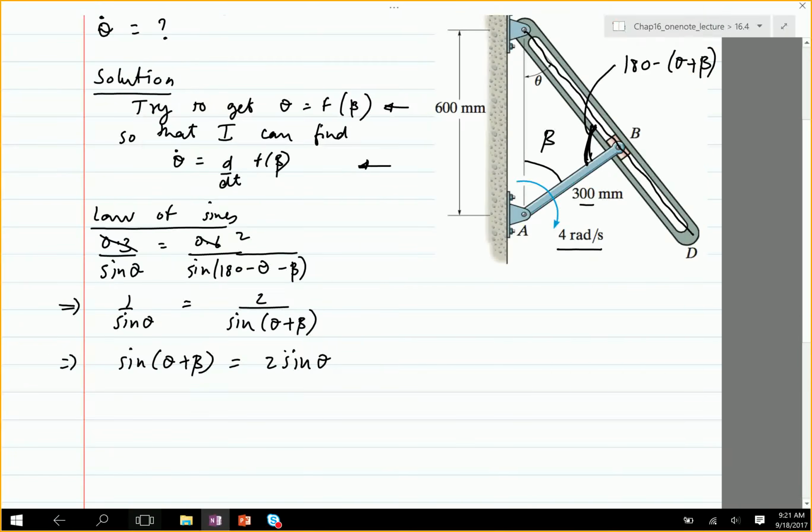It's not quite in the form theta equals f of beta, right? Because sine theta appears on both sides. But really, what you can do is just differentiate that, no problem.